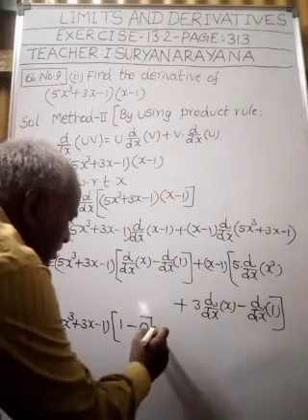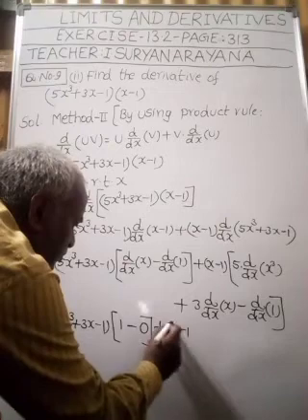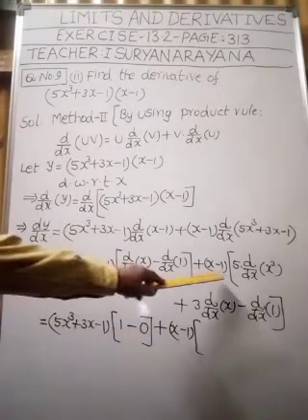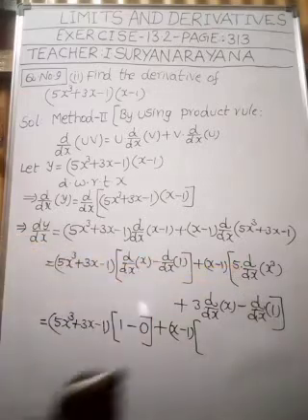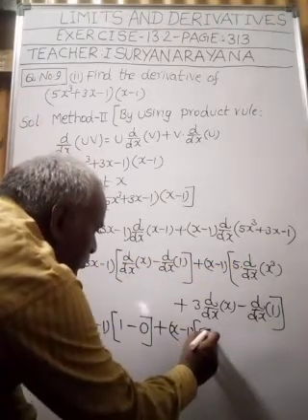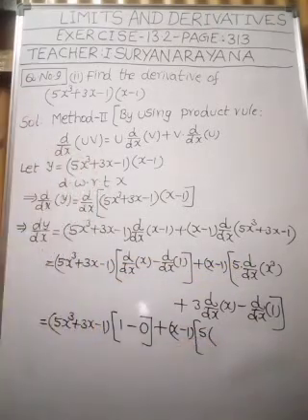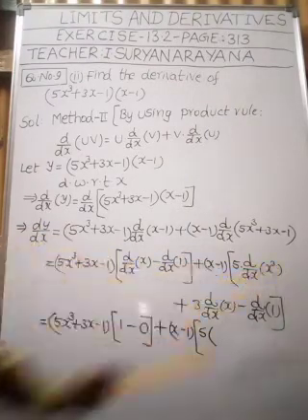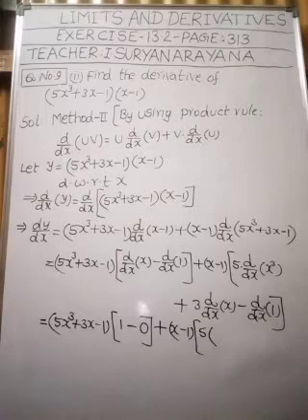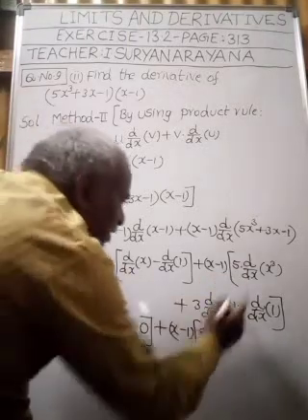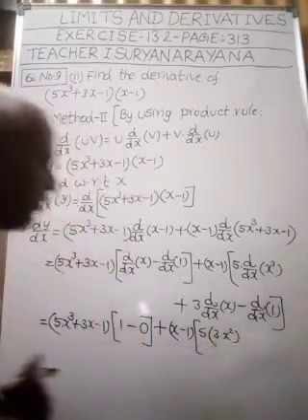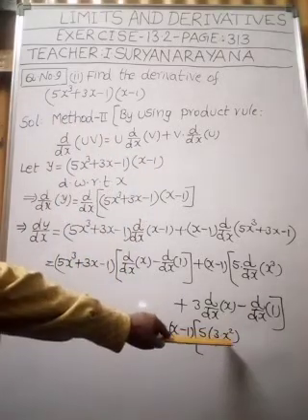Right. Plus x minus 1 into, I wrote this x minus 1 as it is. 5 into, what is the derivative of this function? It is in the form of d by dx of x power n. Okay, my children, we use that formula. n into, where n is equal to 3. So 3 into x power 3 minus 1.